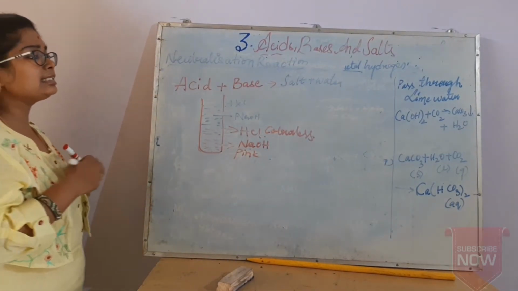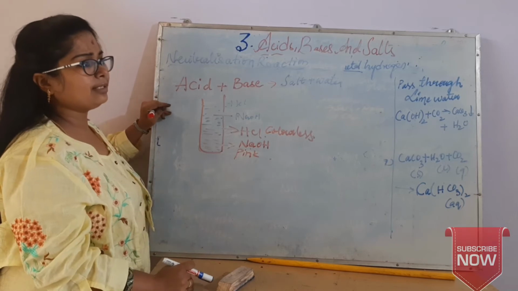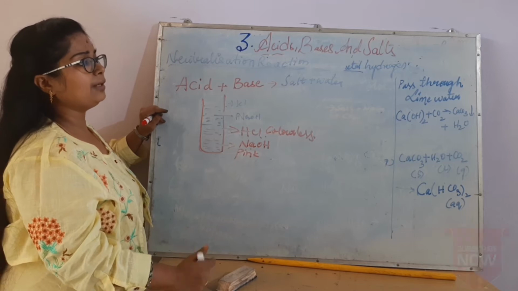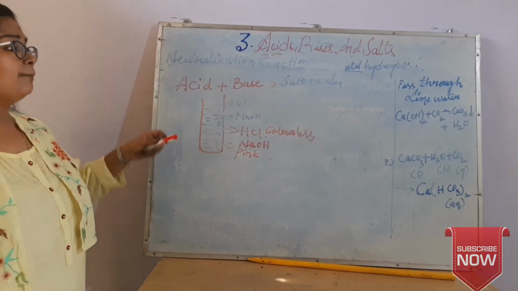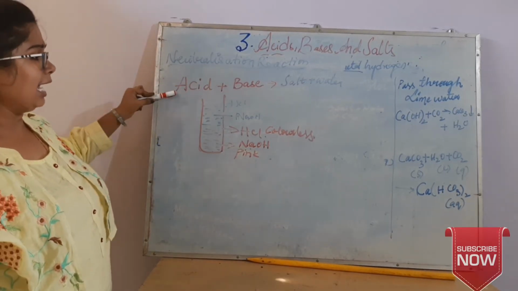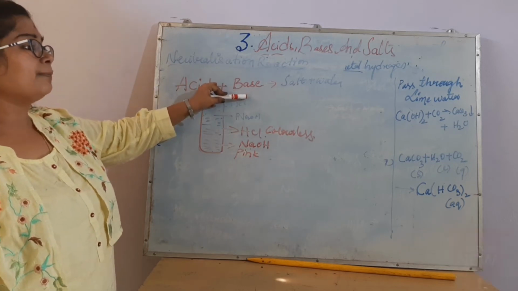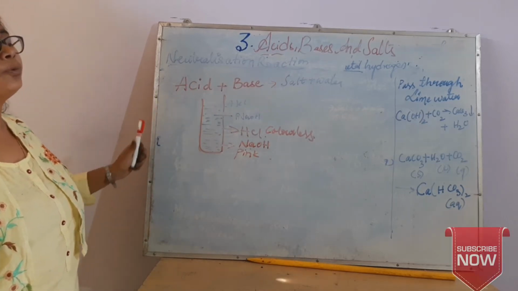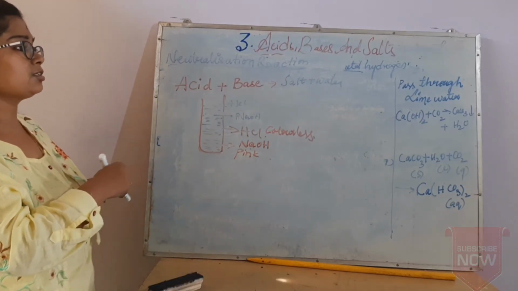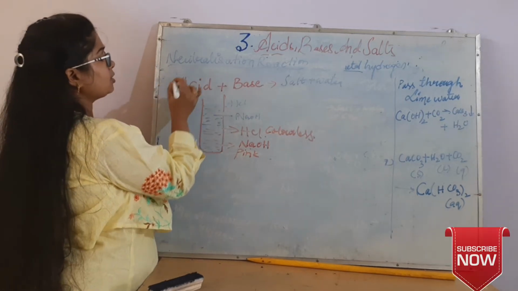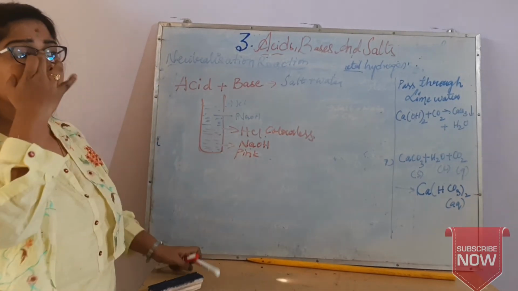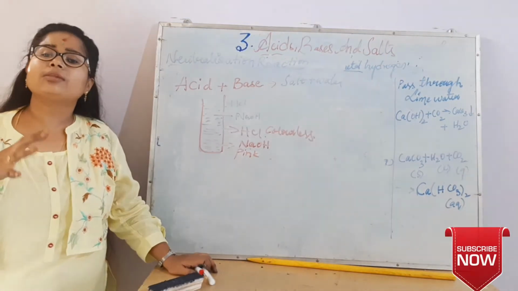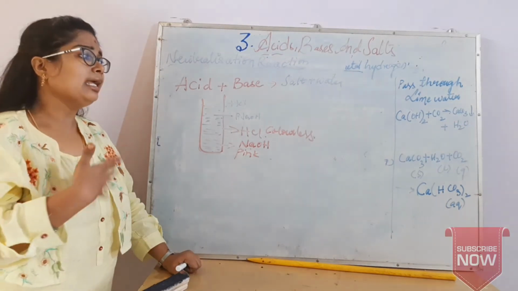Acid with metal, acid with metal carbonates, acid with all these, but acid plus base, if you add, what happens? Salt plus water will come out, and this reaction is called neutralization. No more is the solution an acid or a base. The acid and base amounts are equal, you can say they are in equal amounts.